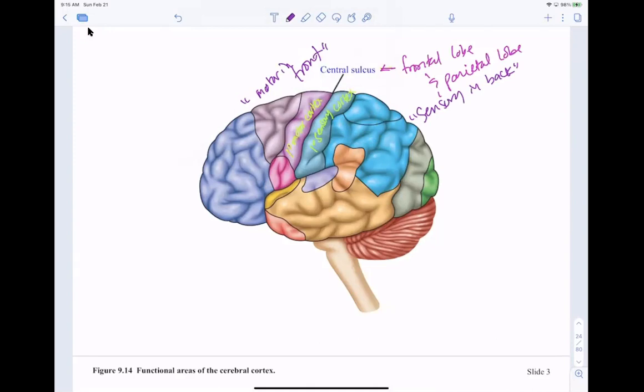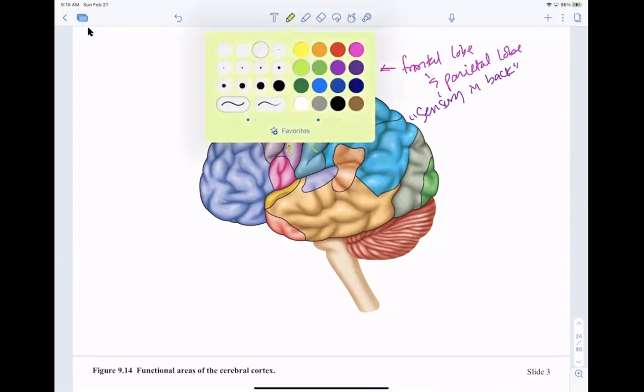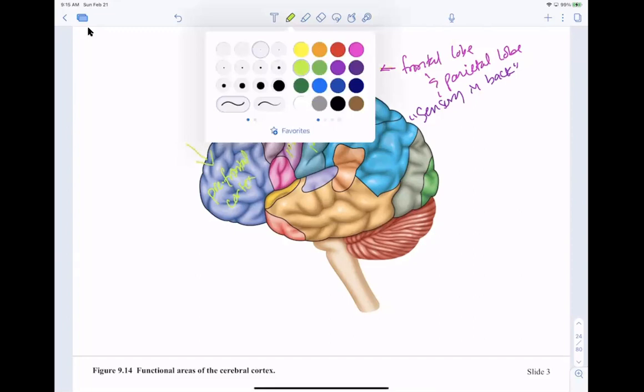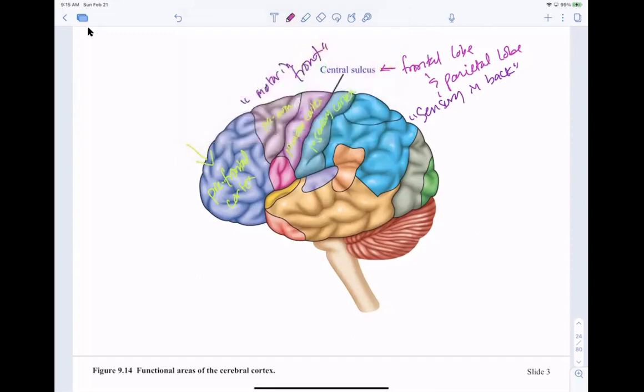So that's primary motor cortex and premotor cortex. And then you have the prefrontal cortex, and that's a little bit different. This is really intellectual thought, personality, deep thinking here.